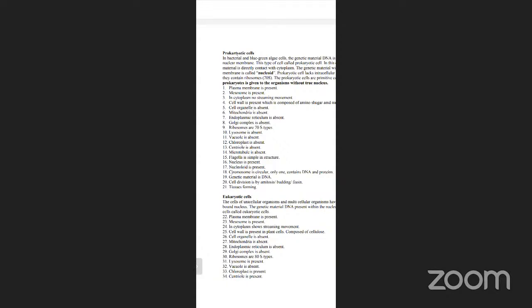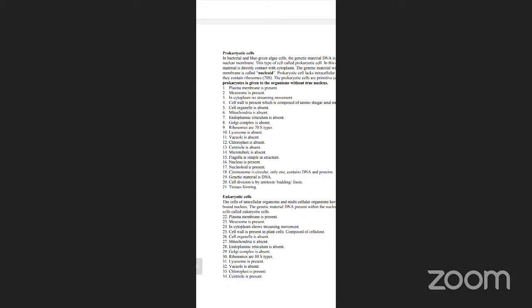Different cell organelles are found in eukaryotic cells, and many subcellular organelles are absent in prokaryotic cells, such as endoplasmic reticulum, Golgi complex, vacuoles, chloroplast, centrioles, microtubules, and nucleolus. Flagella are actually present in the prokaryotic cell. These others are all absent in the prokaryotic cell, and present in eukaryotic cells.